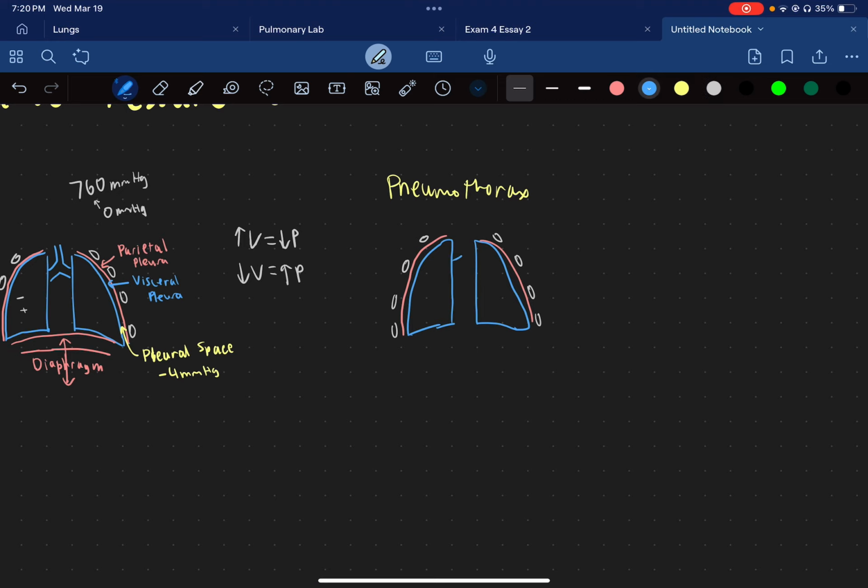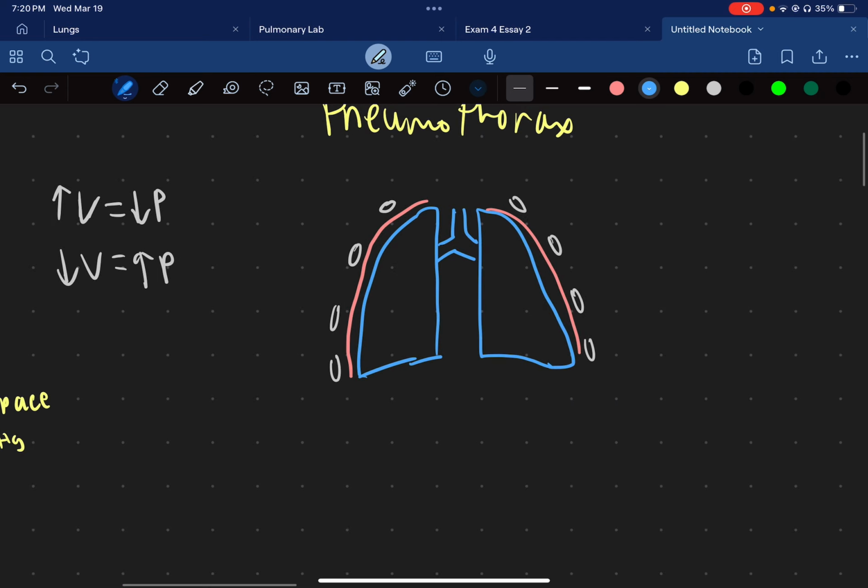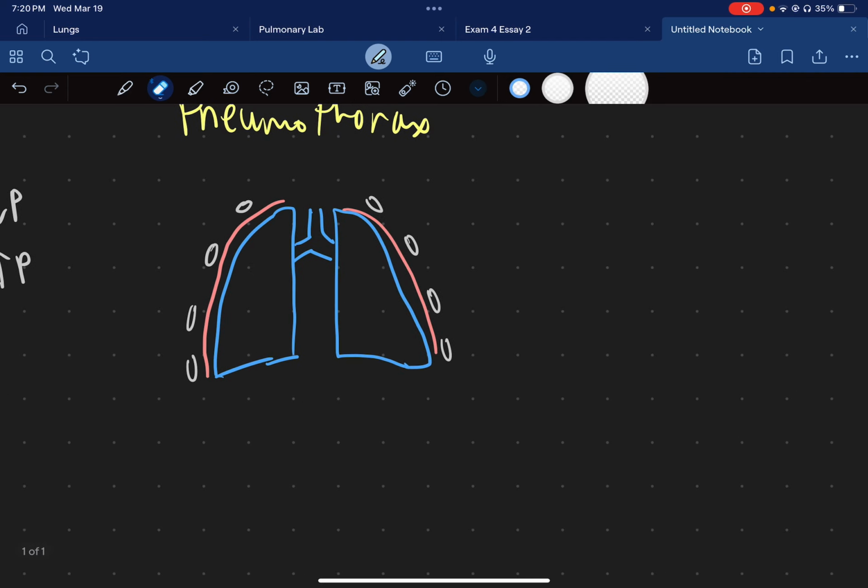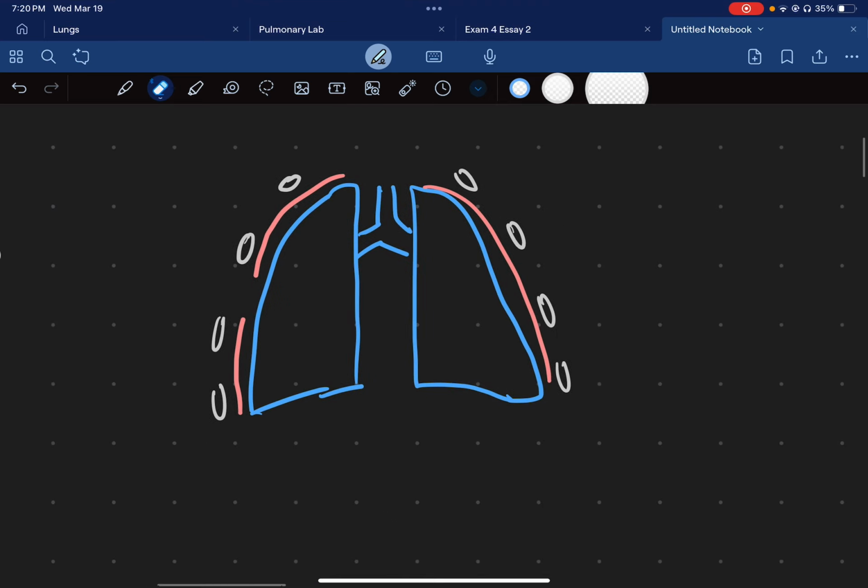So, say there's a gunshot wound, hits the parietal pleura, all of a sudden air is able to come into this pleural space. What's going to happen? Well, that's going to put pressure on the lung, and it's going to cause the lung to begin to collapse.